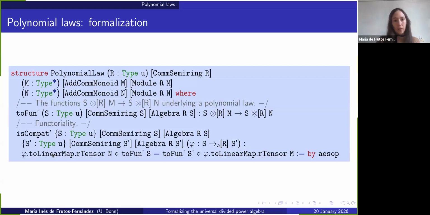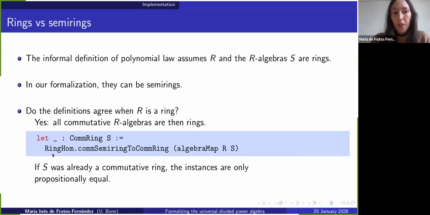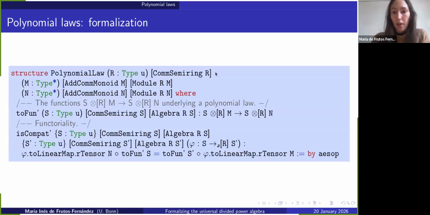Okay, so the first point where the informal and the formal definitions diverge a little is that in the informal definition, we always take R to be a ring, but in the formalized definition, we allow R to be a commutative semiring.